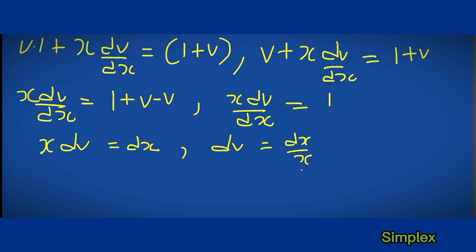From this we can see that, from the definition above, when solving a homogeneous equation it's going to lead us to a separable equation. So here we can see that dv is equal to dx over x. So this is a separable equation. I have a video on separable equations, I'll put it in the description below. In solving this, we're going to integrate both sides.